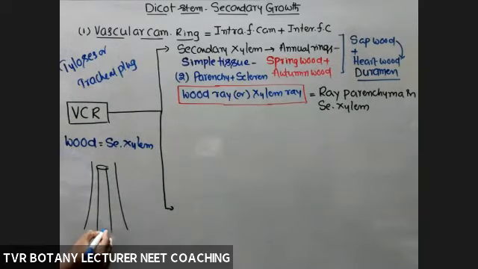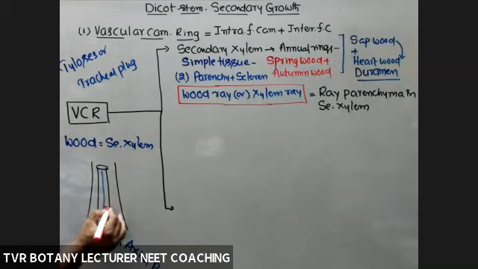So axial parenchyma is vertically arranged, parallel to the main axis. Its purpose is vertical conduction.